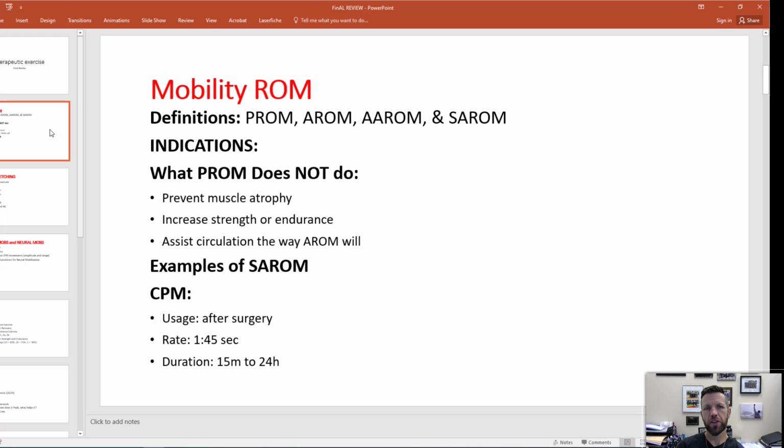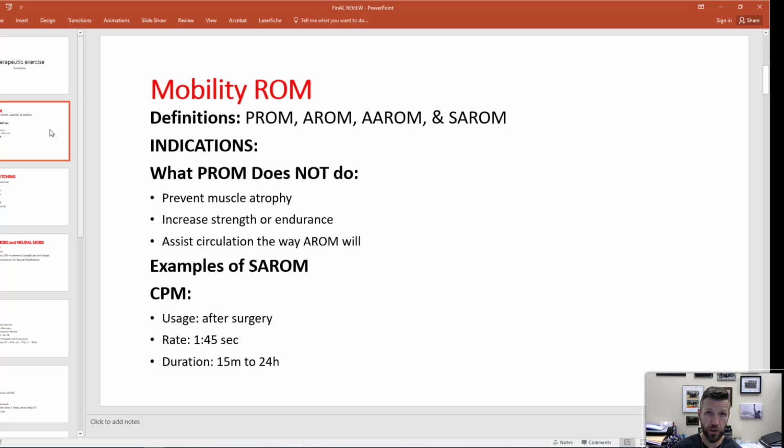But then we also wanted you to know, what does passive range of motion not do? And this was a really specific thing throughout chapter 3. We said it does not prevent atrophy because it's not the muscle moving. We'll talk more about hypertrophy in just a few minutes, but that is not going to prevent atrophy. It's also not going to increase strength or endurance, right?